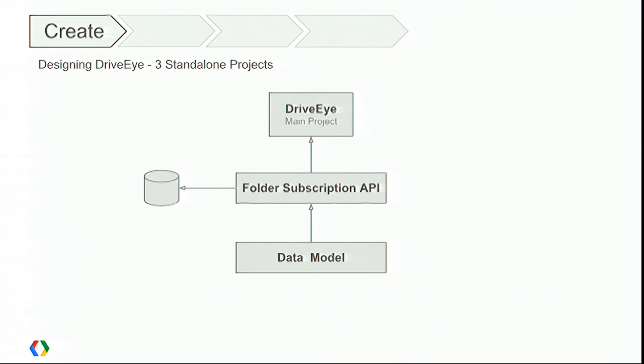The second would be a folder subscription API, meaning if I want to subscribe a folder or remove a subscription, things like that, then I should be able to create a project that can do those types of things. And then eventually there is a data model that needs to be stored in some database. Well, this is pretty complex stuff here, right? But the bottom line is we need to create 3 standalone projects.